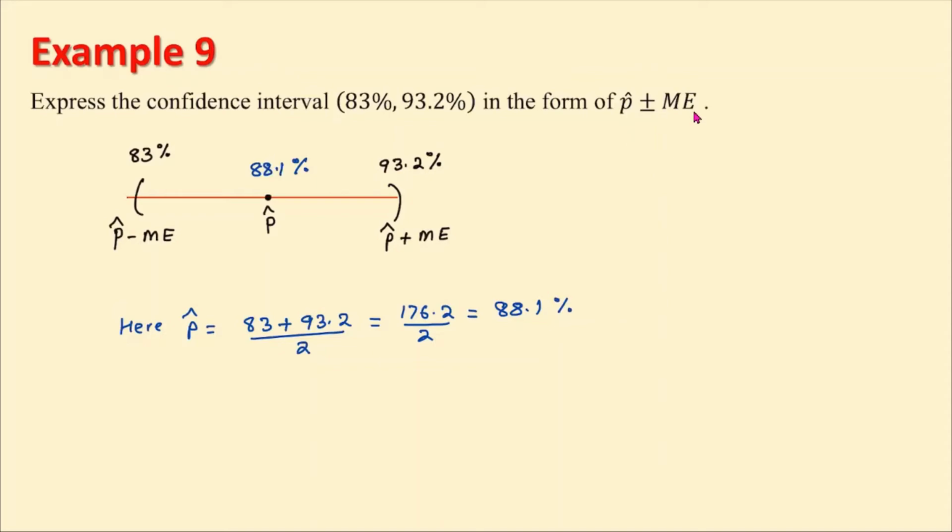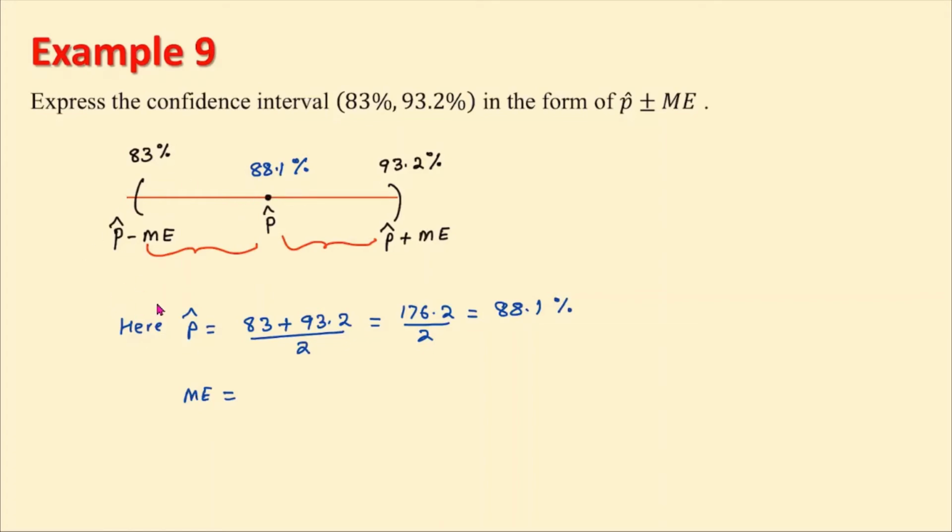Now we need the margin of error, because we need p hat plus or minus margin of error. If you look at the diagram, the margin of error is either this distance or this distance. Both are equal. To find this distance, you can subtract 88.1 from 93.2, or subtract 83 from 88.1.